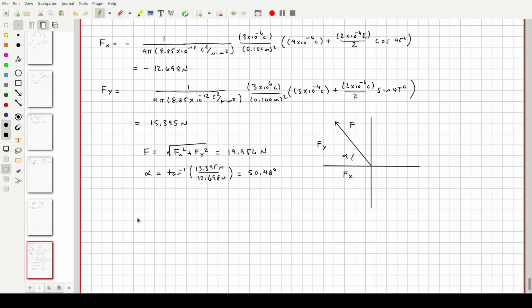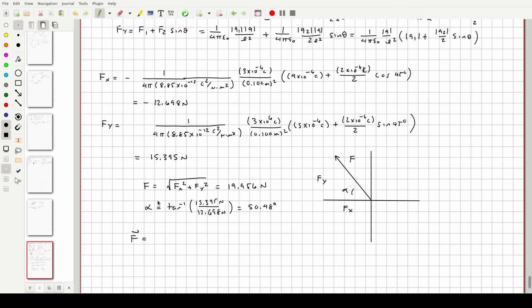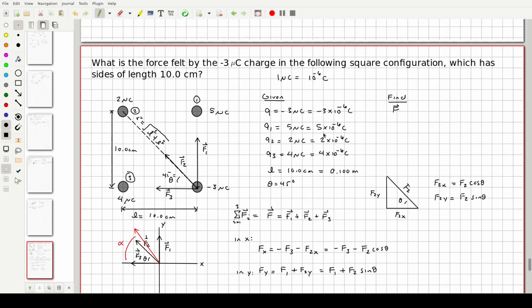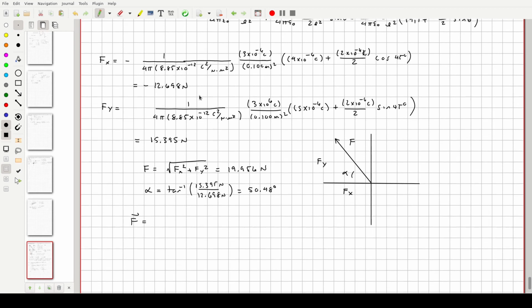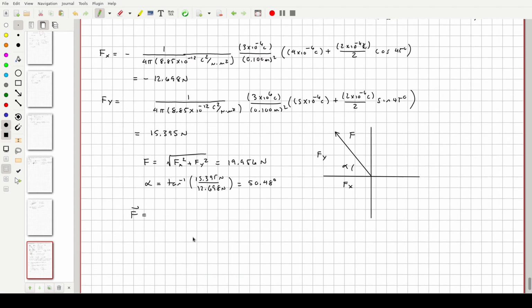So one way I could write this would be that my force here is, looking at the number of significant digits I have here, these are all 1, and then I have 3 there, so we're going to keep it 1. So looking at the sig figs, it looks like it's going to be 20 newtons, making an angle of 50 degrees with respect to the negative x-axis.